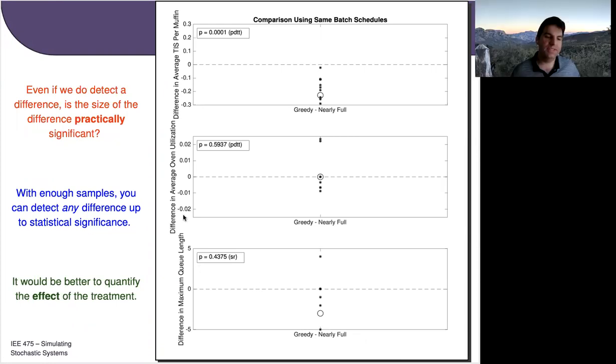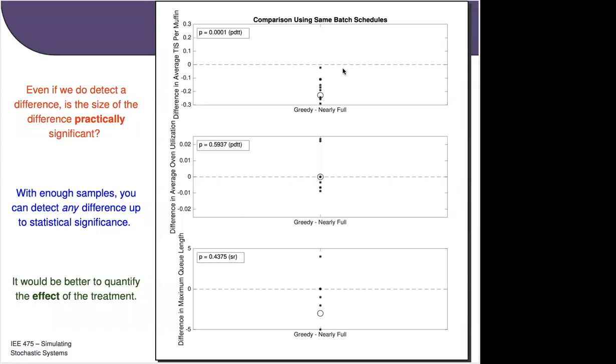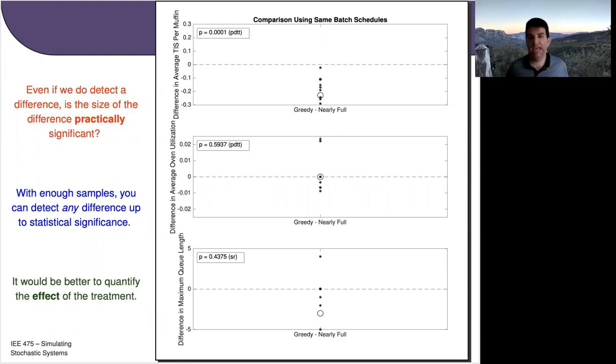Well, you mean for the inputs coming in, like how many input muffins? No, not for the inputs coming in, but for the maximum Q. Because one of the things I wrote for the answer was that it doesn't come from a normal distribution, but then that made me think, what distribution does it come from? Right. Well, there may not be one, and that's the beauty of stochastic modeling.